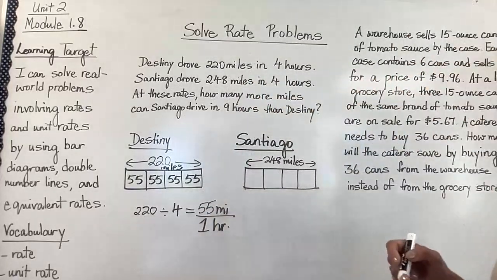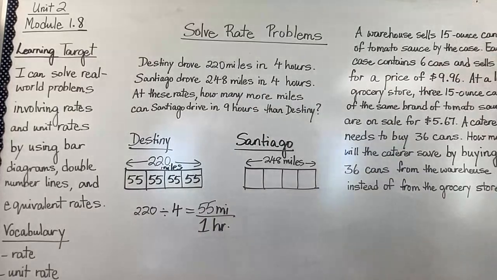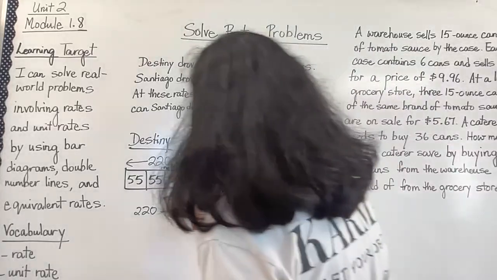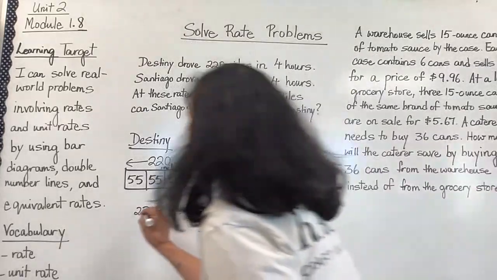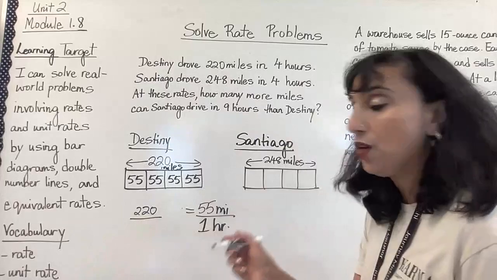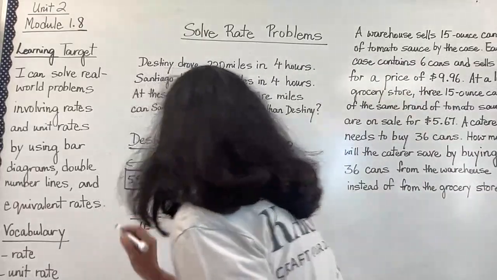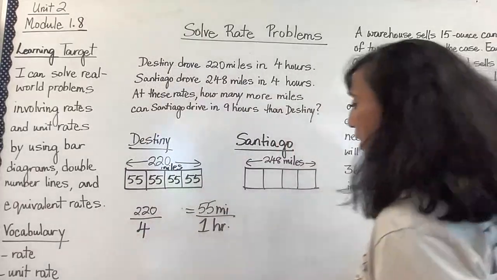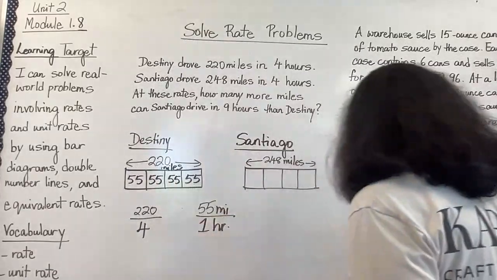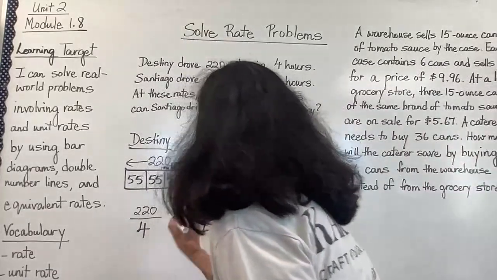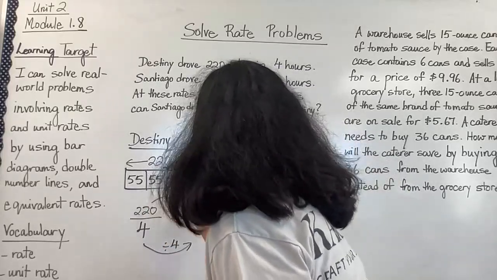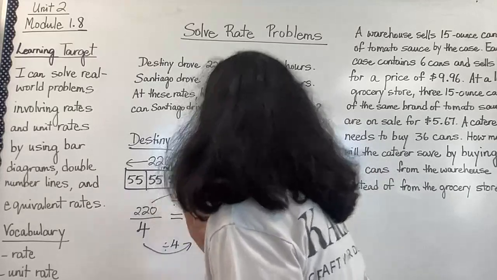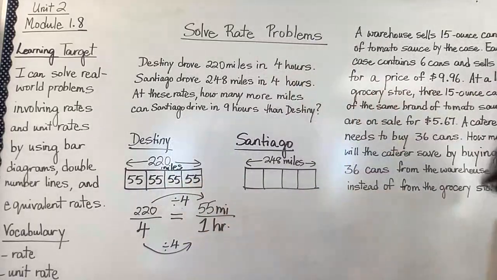So literally, what have I done? I have taken the 220 and I can write it this way, or if I keep it as an equivalent ratio, I'm going to show you as an equivalent ratio also by 4, okay? And so what am I doing? I am saying this is an equivalent ratio, so divided by 4, divided by 4. Okay, and I get 55 miles in 1 hour.